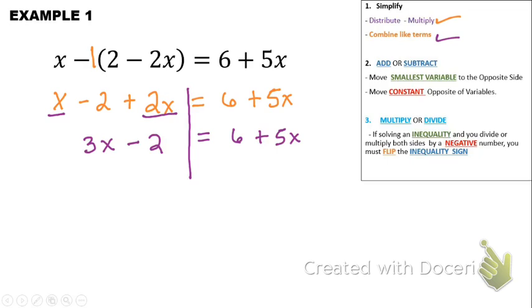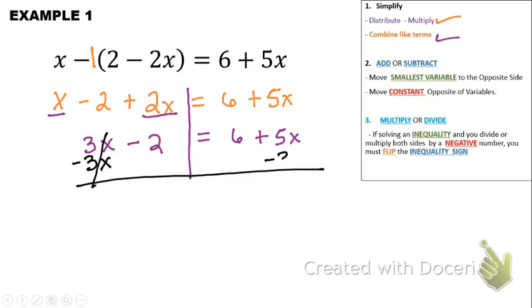Okay, so next step is always to add or subtract. Typically we're going to move the smallest variable to the opposite side. So on the left side I got a 3x, on my right side I got a 5x. So I will be moving my 3x to the other side. The inverse of 3x would be to subtract 3x. 3 minus 3 is 0, so that's why it cancels out.